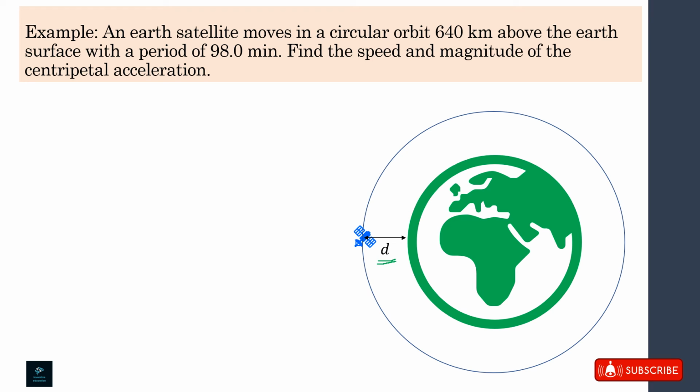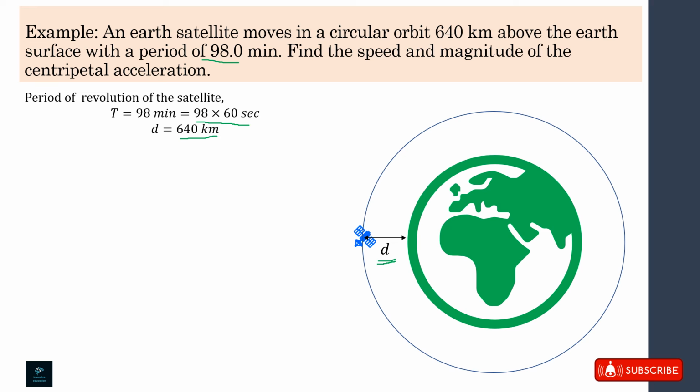Now we are given that the time period of the rotation of the satellite is 98 minutes. Therefore, period of revolution of the satellite is T equal to 98 minutes, which is equal to 98 into 60 seconds. We are also given that d is equal to 640 kilometers.